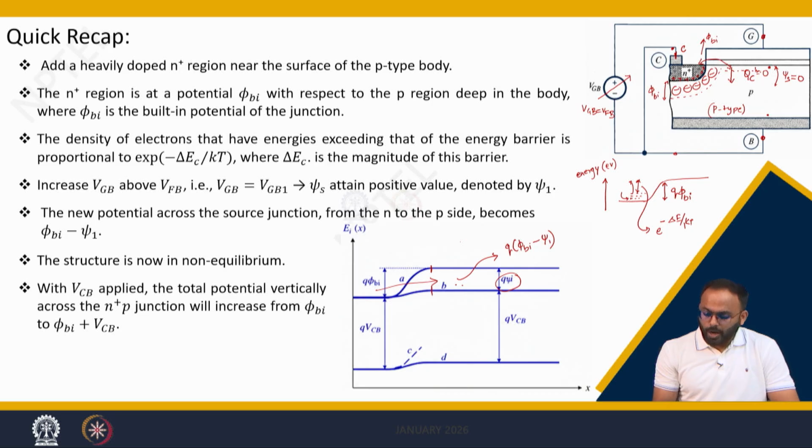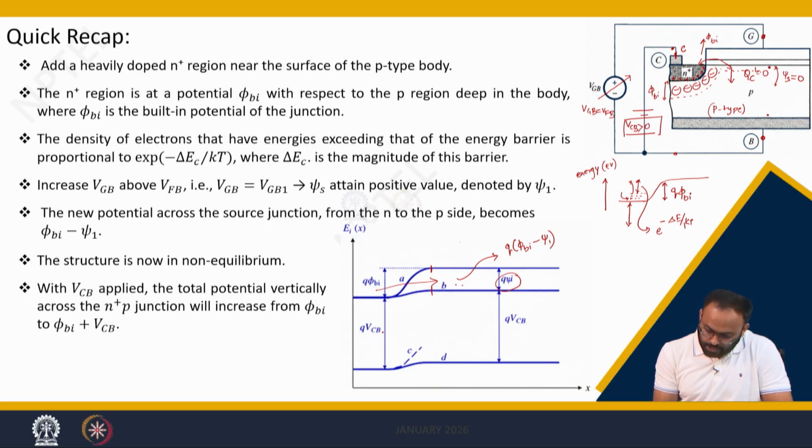Then we said, what will happen if VCB is non-zero, meaning we are applying some voltage VCB. If VCB is greater than 0, now the system goes into a non-equilibrium state, meaning this VCB causes a Fermi level shift in this n plus region, which is considered the quasi Fermi level. We also plotted the band diagram showing how VCB shifted the quasi Fermi level. Now let us first understand this band diagram.